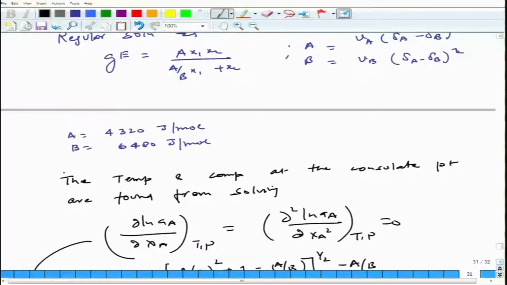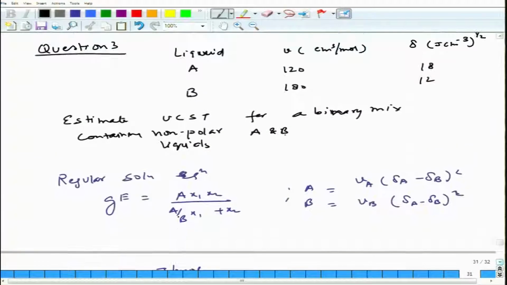So this would be the end of the problem solving session, and the idea was to illustrate what kind of problems you can solve using these solution theories and, in general, the approach. I hope that you got some kind of understanding of the solution theories and the later part of the course.